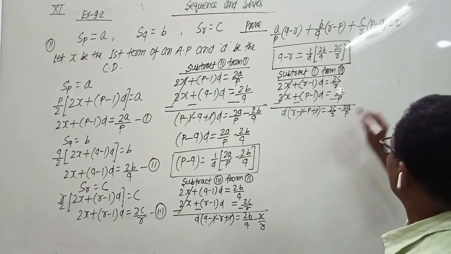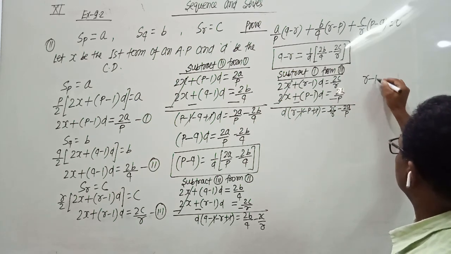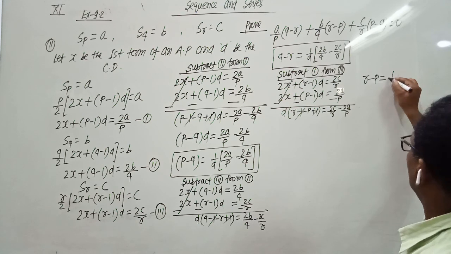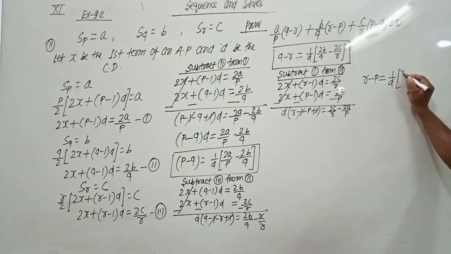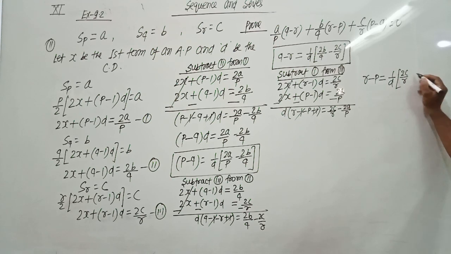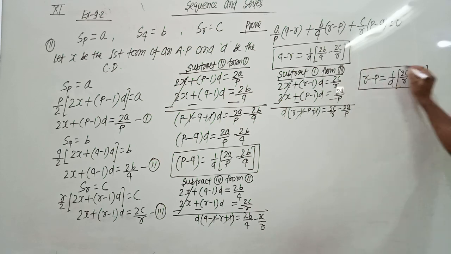Minus 1 plus 1 cancels, and we get r - p = 1/d (2C/r - 2A/p). This is the value of r - p.